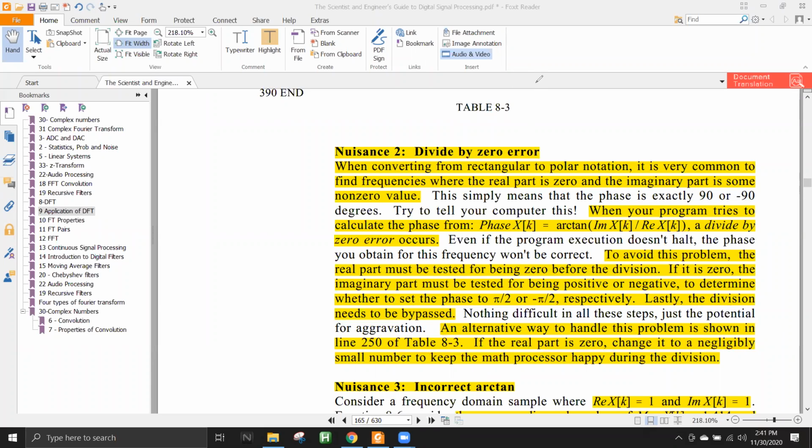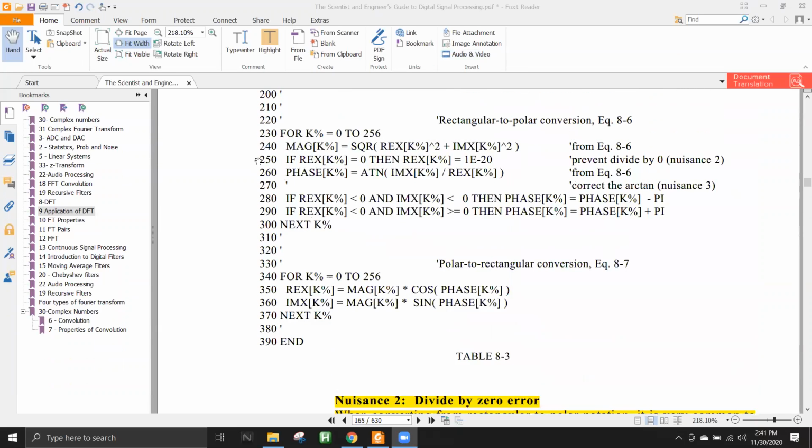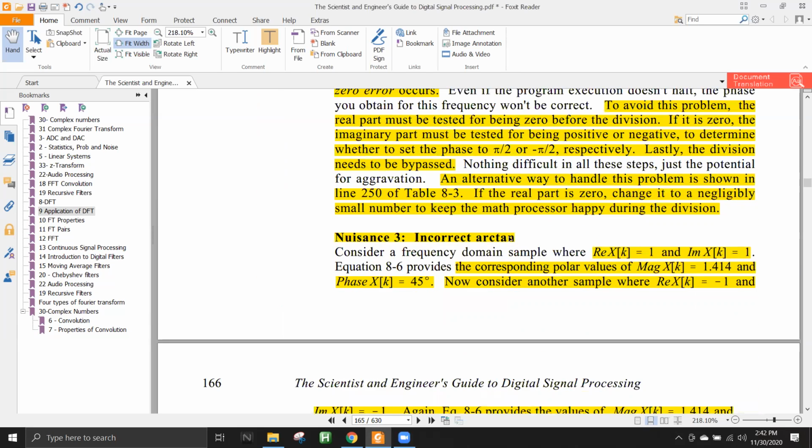In line 250 they do this: if REXK is equal to 0 then REXK is equal to 1E-20, a very small value, 0.000 with many zeros and then a 1. By doing this, the division will be very close to pi by 2, not exactly pi by 2, but that doesn't matter because we'll have a precision error anyway. So ultimately the result will be very close to pi by 2. So we can have this kind of implementation.